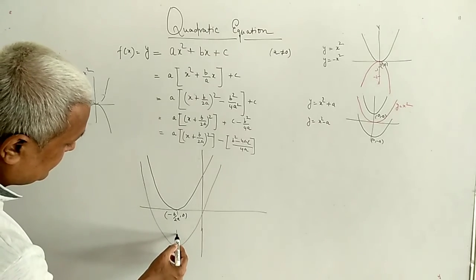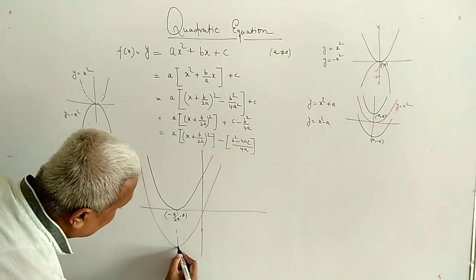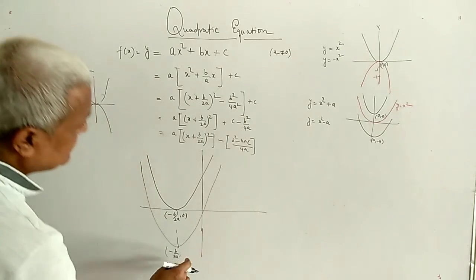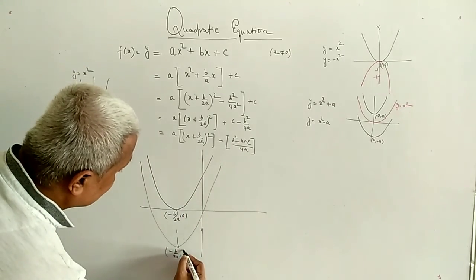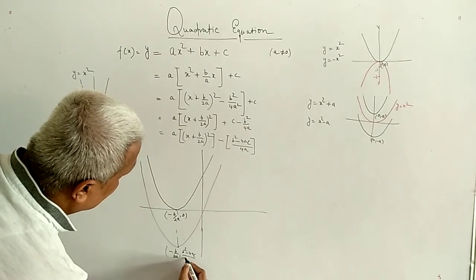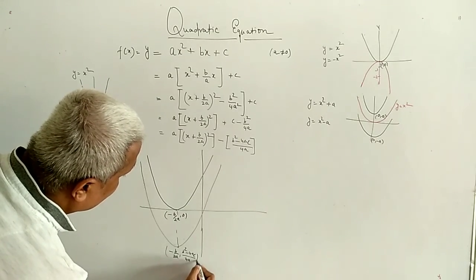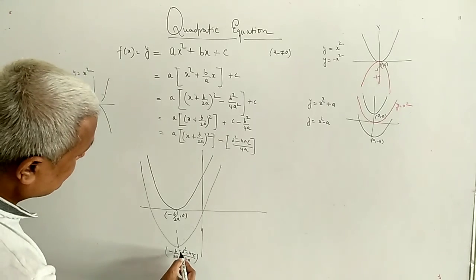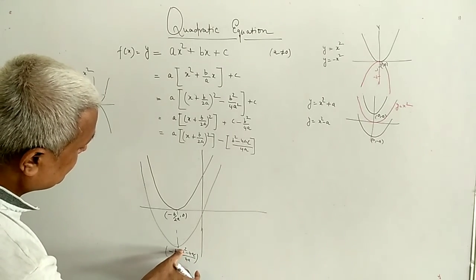And this one goes like this. So this point will remain minus b by 2a, but this value will become this whole thing, b square minus 4ac upon 4a, and that is also negative. So I write negative here.